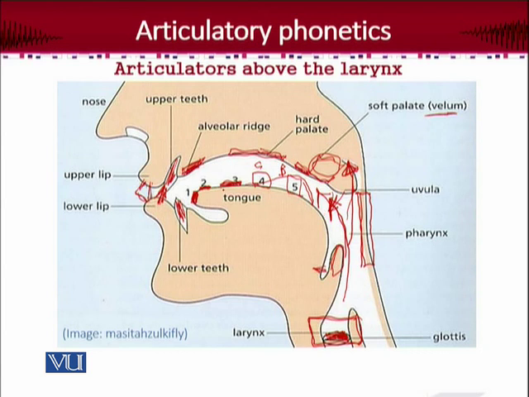And these are the articulators above the larynx, which are very important. Most of the time they are very active, very mobile, and this was the simplified figure to let you understand, though this is showing half of the head, cut in half, and it's the side view, right? This is used for simplified distribution and description of these articulators.